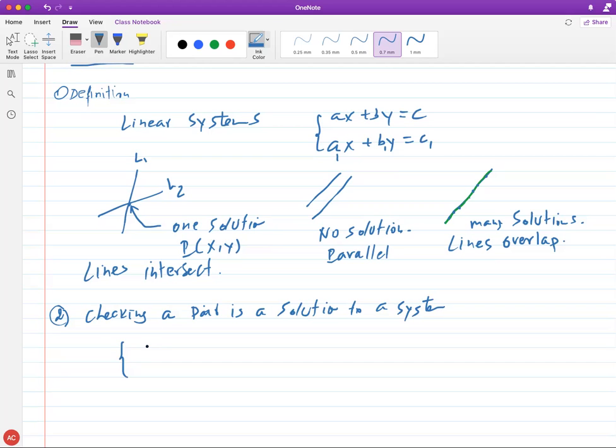Let's take, for example, the system here. x plus y equals 4, and I'm going to need another one. Let me use a different one.